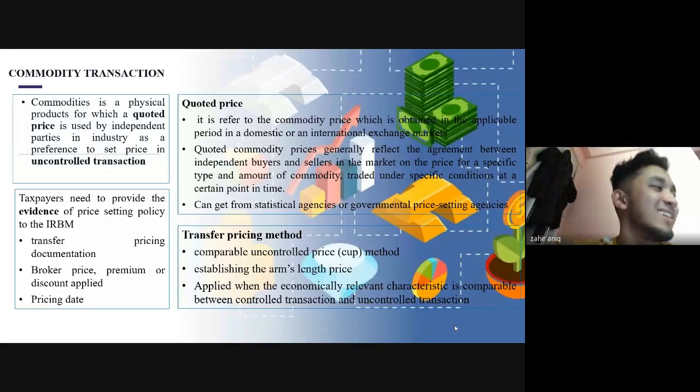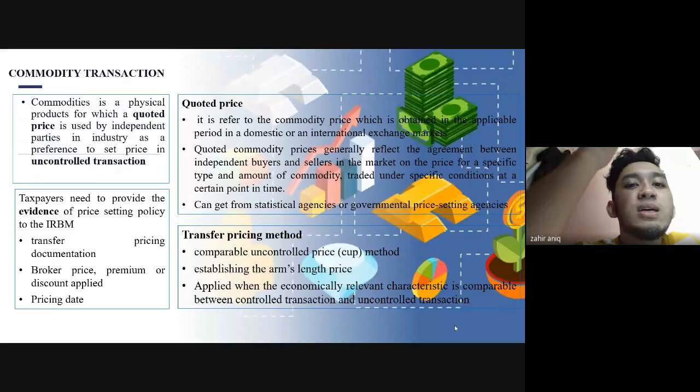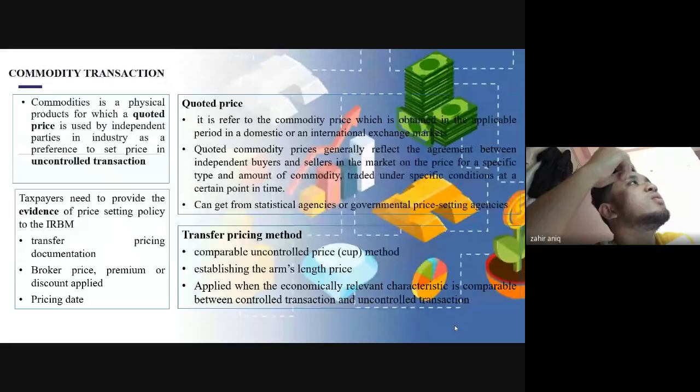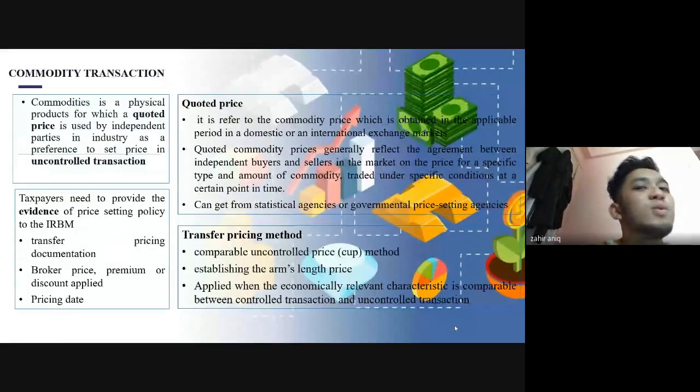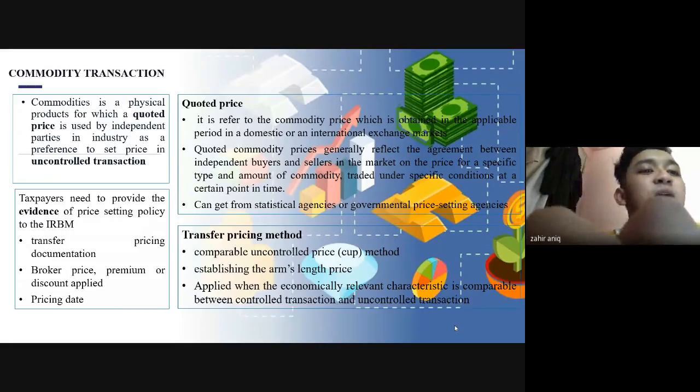Okay, so commodity transactions. The first commodity, as stated by the public ruling, is a physical product. For transfer pricing, it uses a special term, called quoted price.